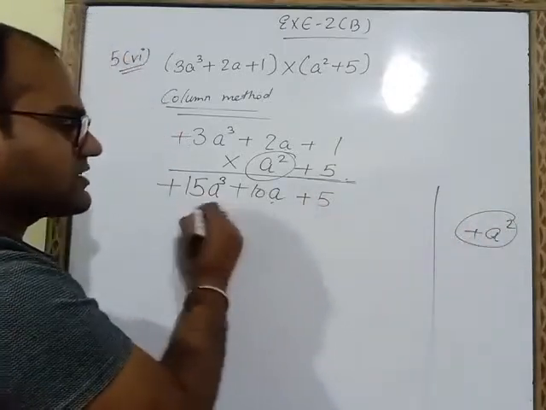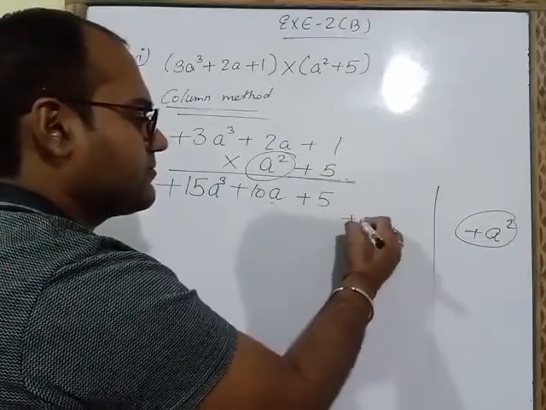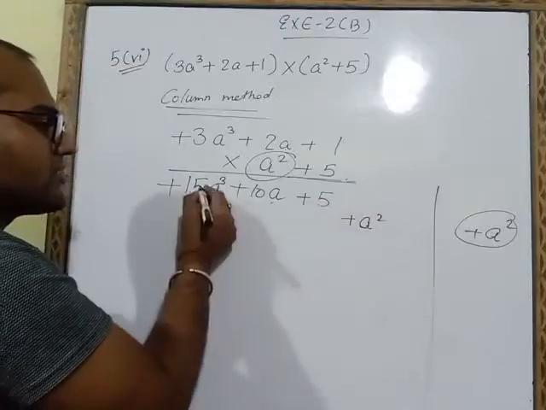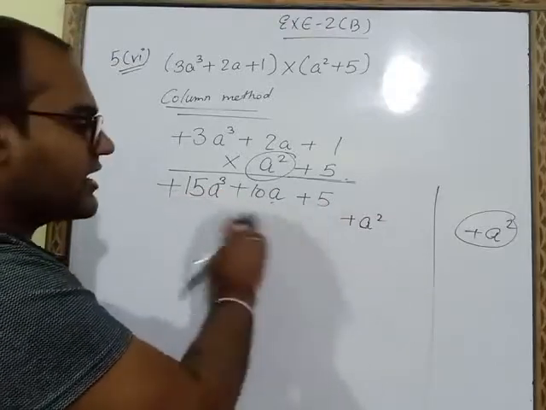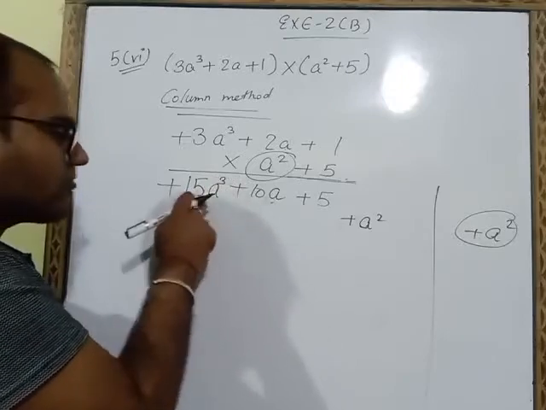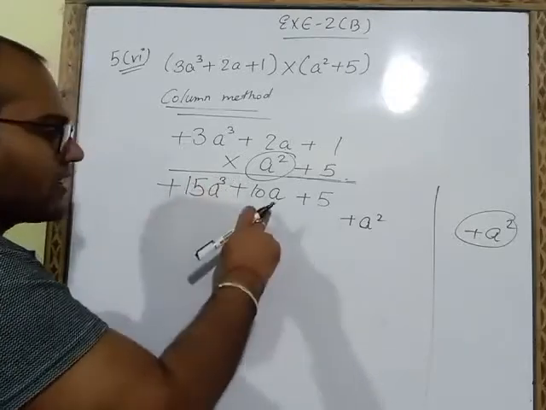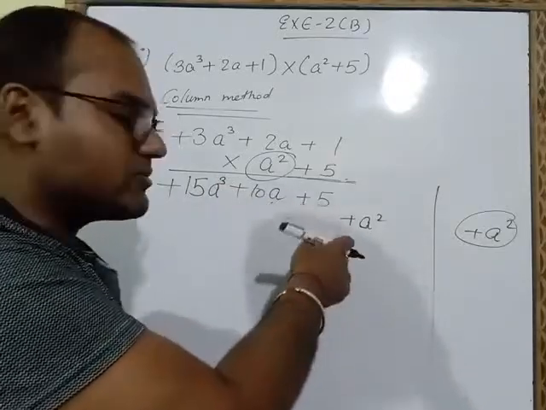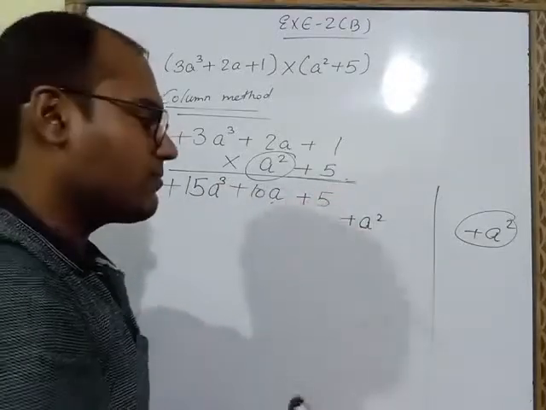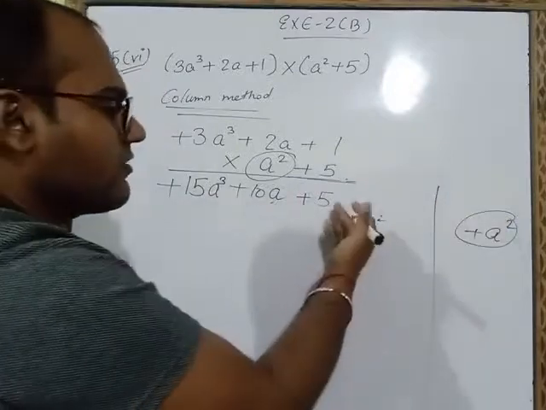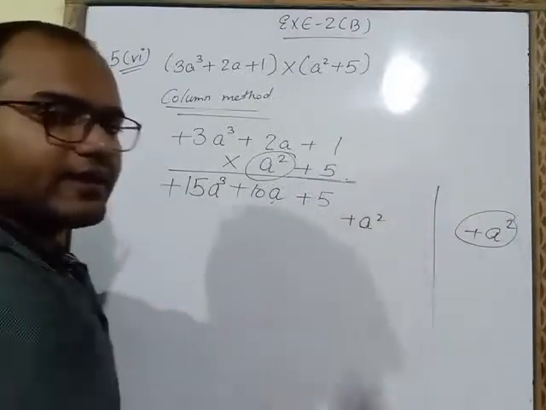We will write this plus a square separately, because here we have to write the like terms. 15a cube is given, so we have to write under this a cube term. Under this we have to write the a term. Under this we have to write the constant term in which no alphabet will be there. But here we are getting a square, so where will we write a square? We will write a square separately in the end.